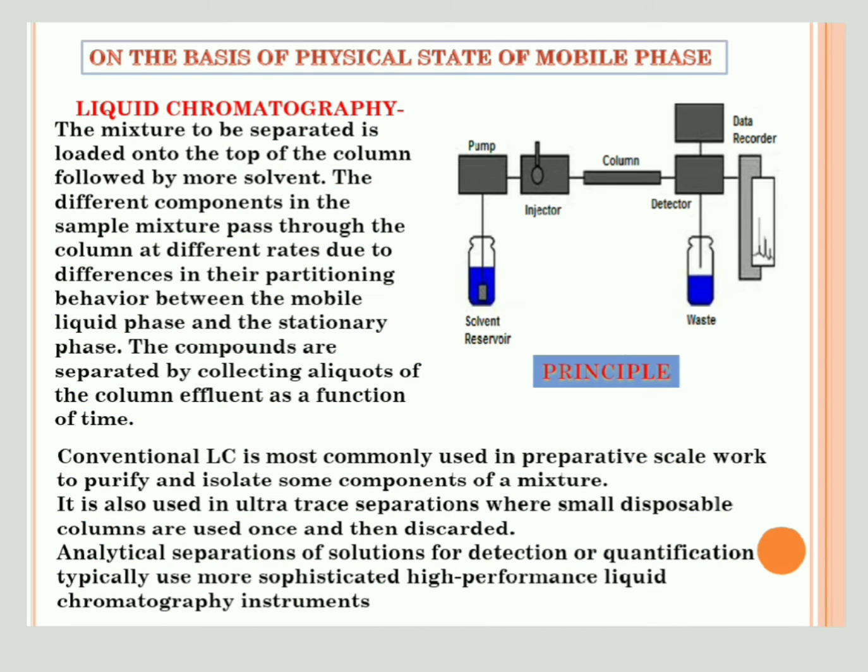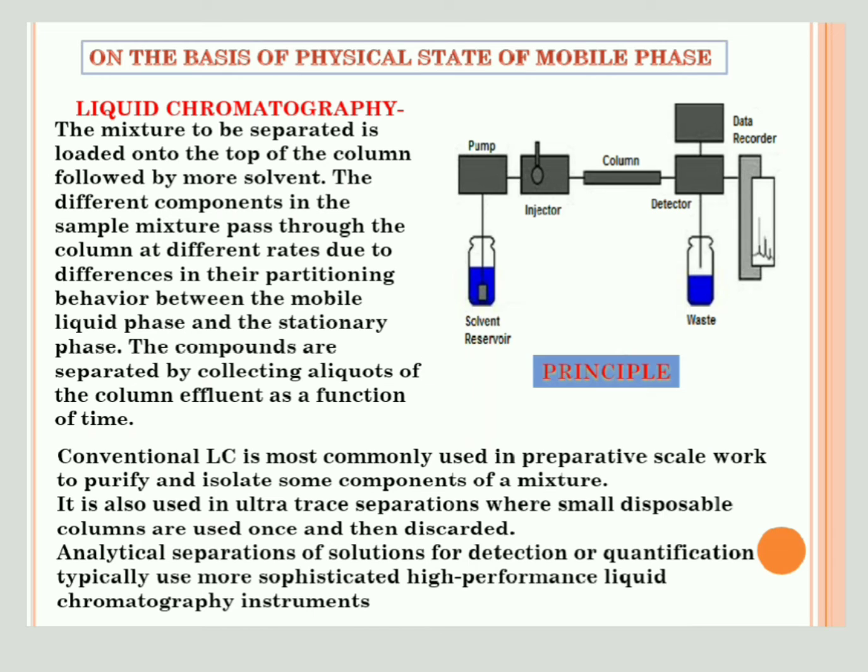Then, on the basis of the physical state of the mobile phase, the first is liquid chromatography. Here the mixture which is to be separated is loaded in the column, and with the help of a pump from the solvent reservoir, the mixture is pumped to the column.